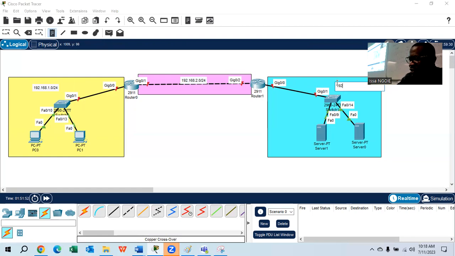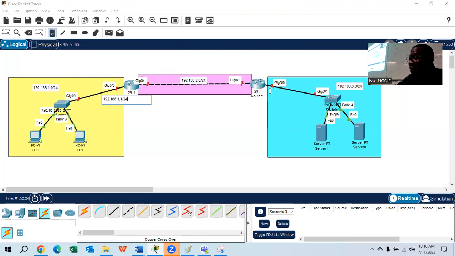And this one, 192.168.3.0/24, right? So 3 network IDs. Remember that we need a default gateway. The default gateway from here, so my IP here is gonna be 192.168.1.1/24.